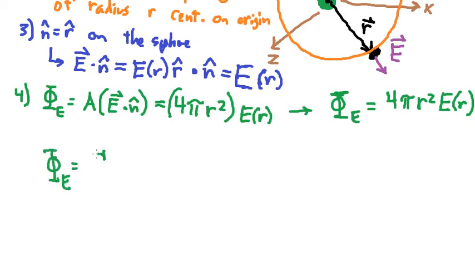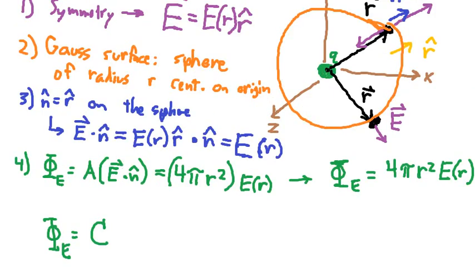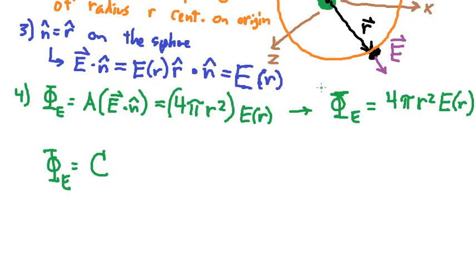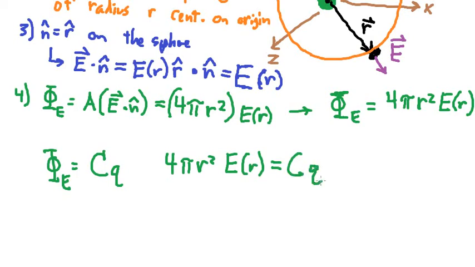And so now we get that the electric flux through this entire surface, the entire sphere of radius r, is 4 pi r squared times whatever the magnitude of the electric field r away from this point is.